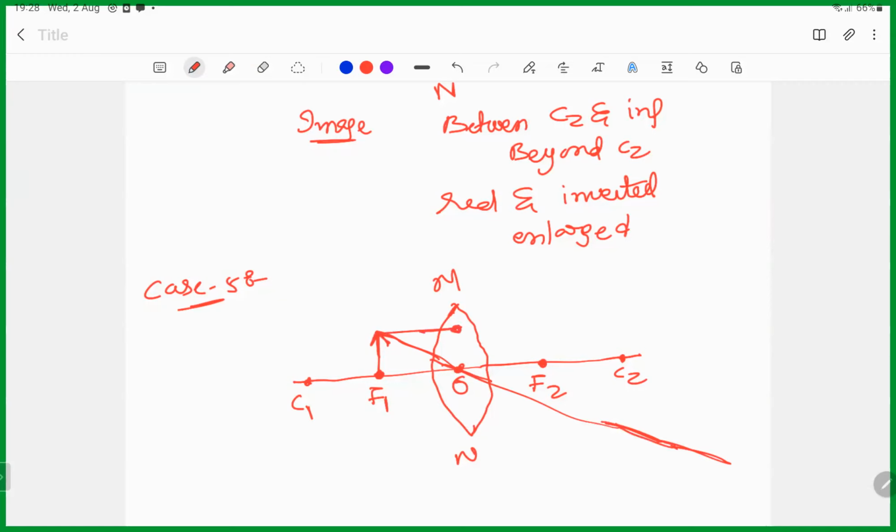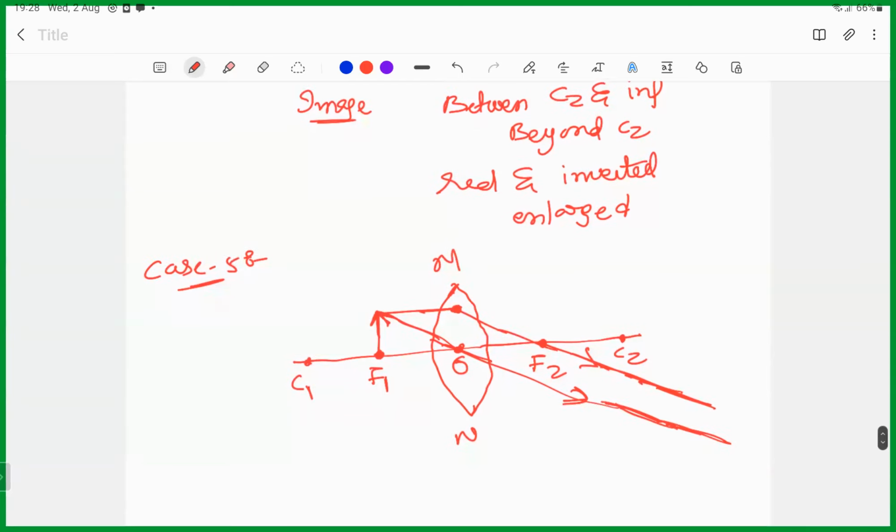These two rays are exactly parallel. So parallel rays will meet at infinity.